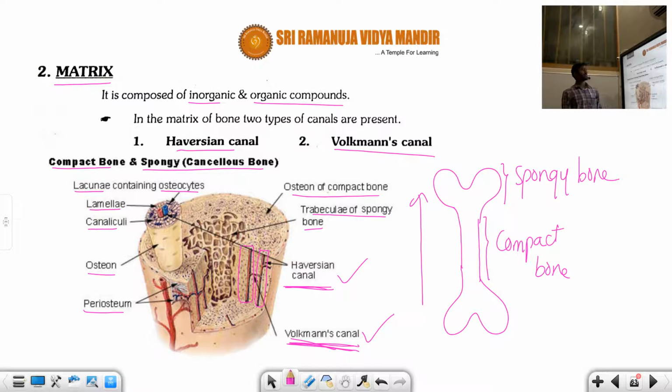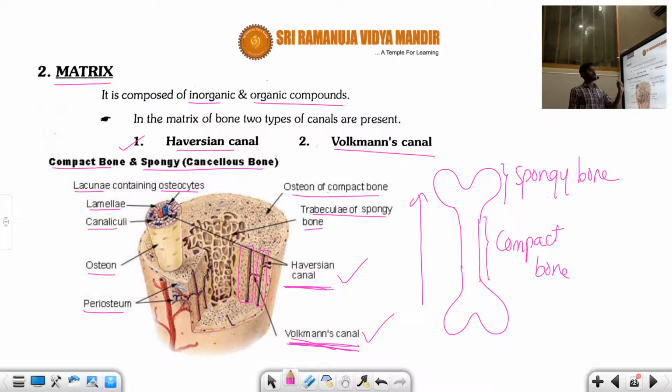Students, listen carefully. The matrix of this bone is of two types. We are talking about the Haversian canal. In the internal structure of the bone, there is a longitudinal part, which represents the Haversian canal. This Haversian canal is filled with blood vessels.